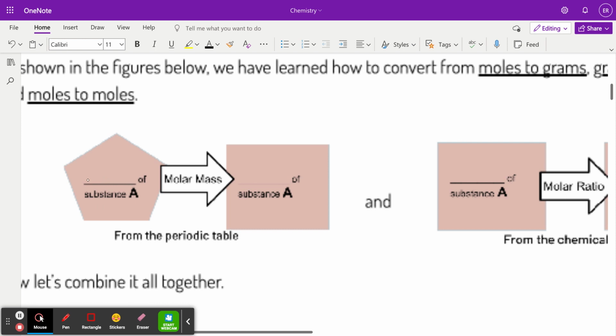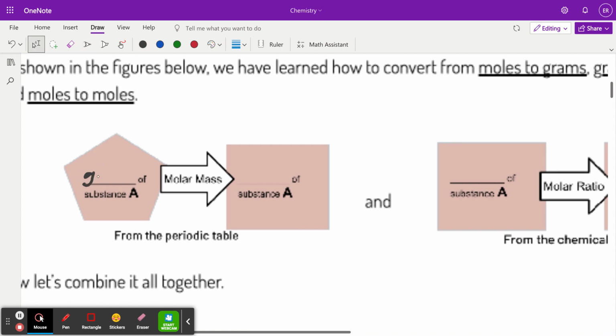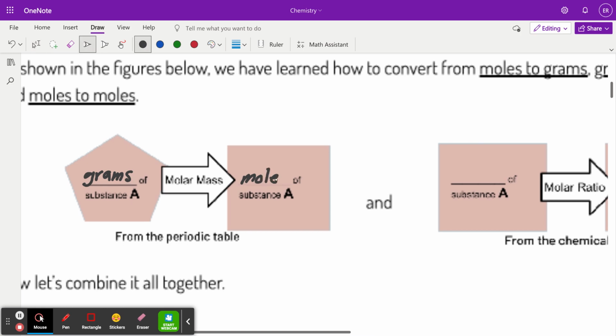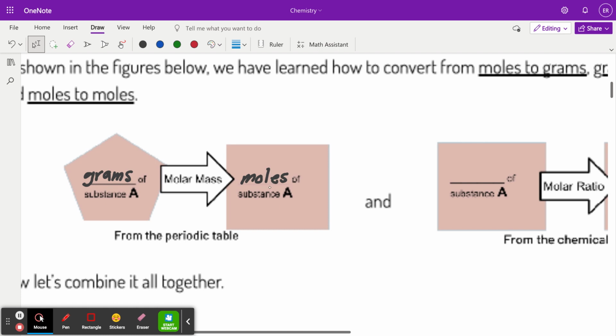We find it to go from, if we start with grams of substance A, we can get to moles of substance A. Okay, and remember that the molar mass we get from the periodic table. Okay, and that was where we find all of our information.